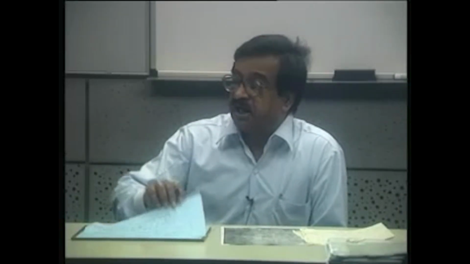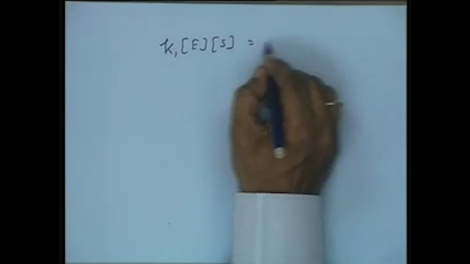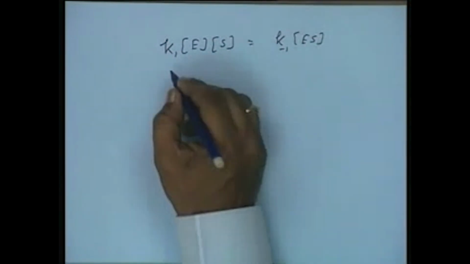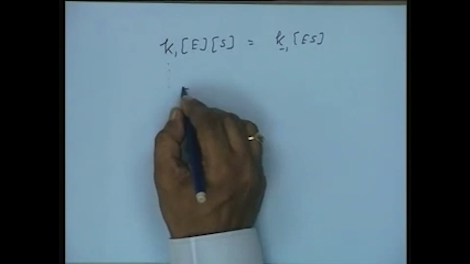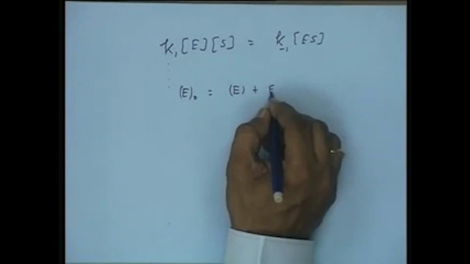That means at equilibrium, K1 into E into S is equal to K minus 1 into ES, and by a series of interpretations and using the enzyme conservation equation, E0 is equal to E plus ES.